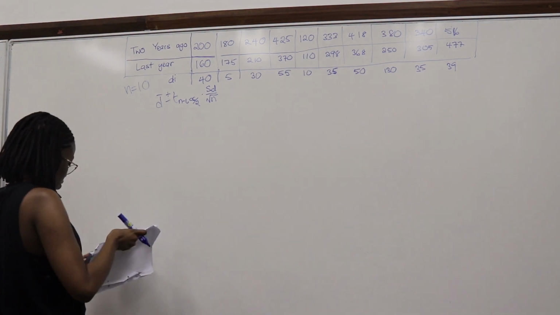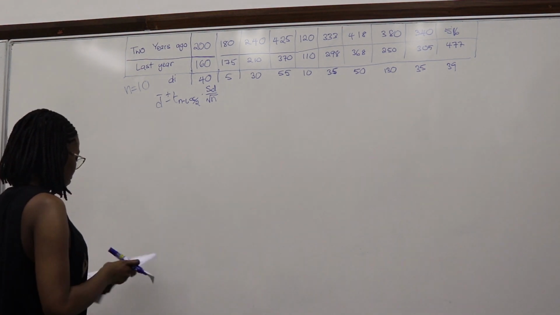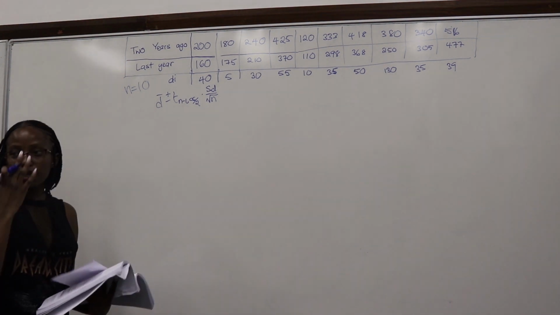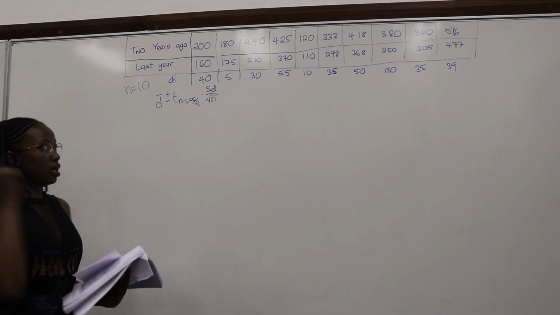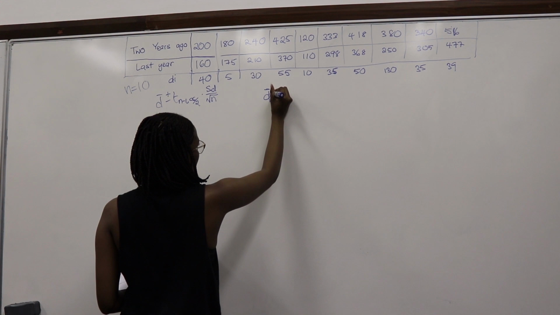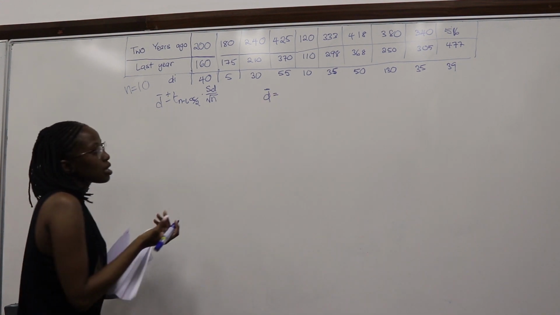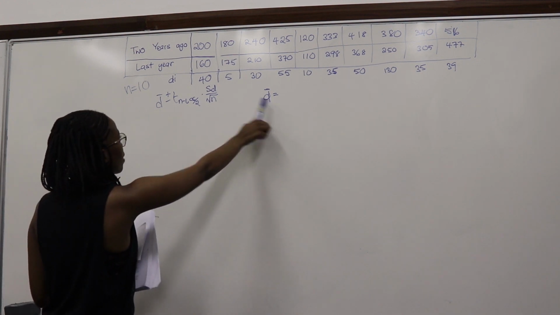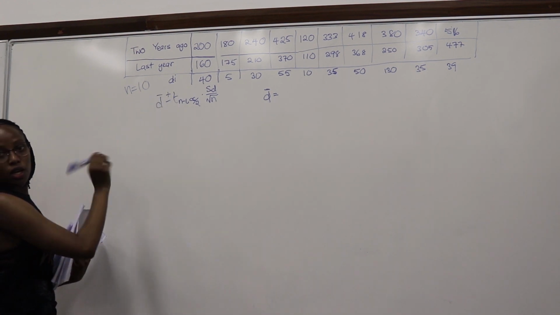Now that we have our di values, you can punch them into your calculator in stat mode, and that will give us our d bar. In this case, d bar is basically like x bar, but since we're using 2 different samples, it's the average of our di values.